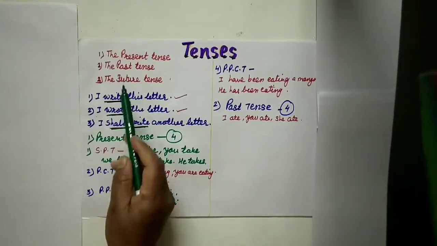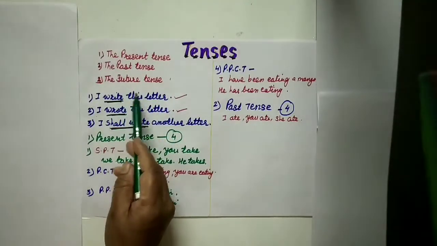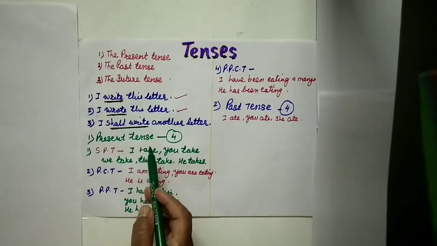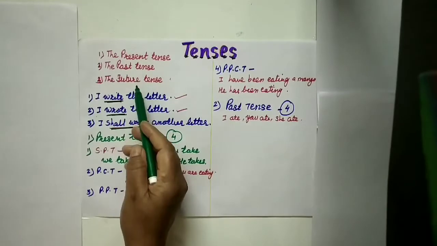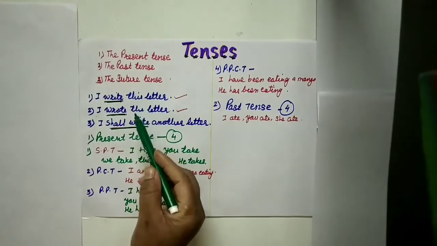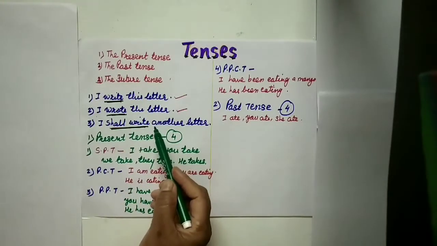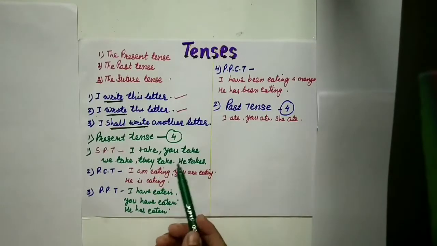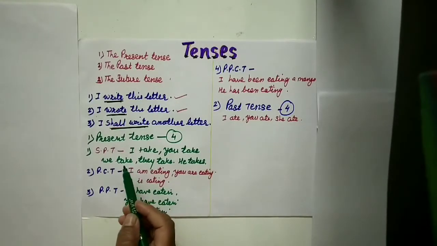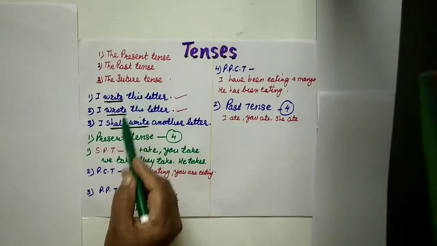Okay. So the present tense, past tense and the future tense. Thus there are three main tenses. Here it is given: the tense of the verb shows the time of an action or event. Now see, we are going to study these three tenses one by one.